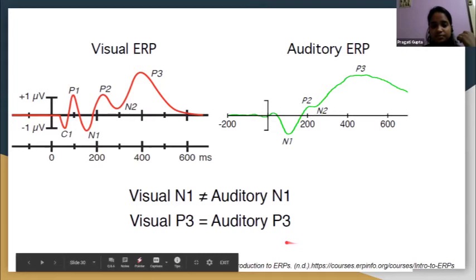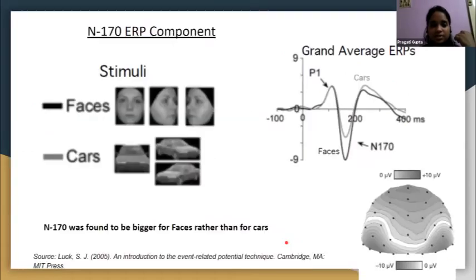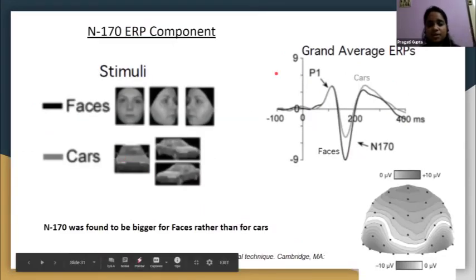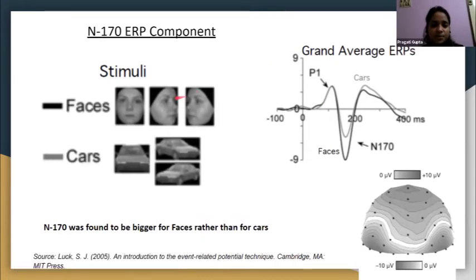This is a classic N170 ERP component and paradigm. Here, the participant is shown a fixation point and then stimulus faces and cars. These two kinds of objects are shown, and we are seeing the averaged ERPs for them.